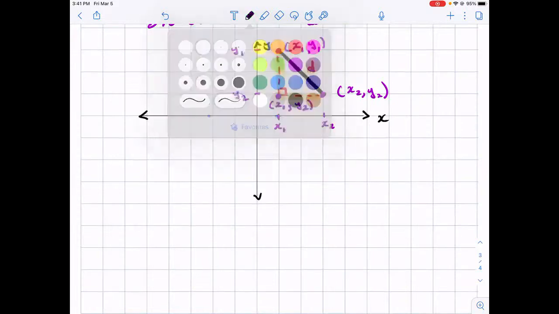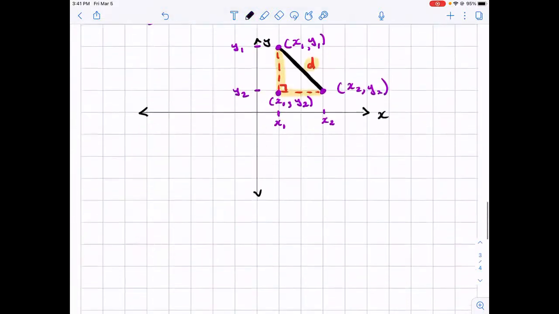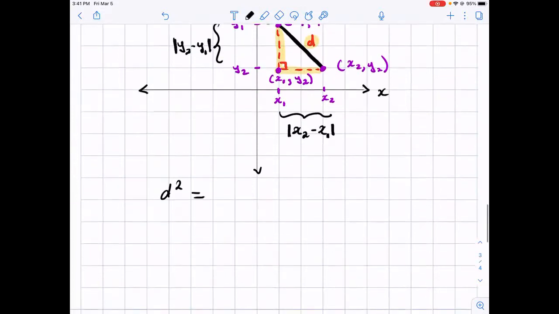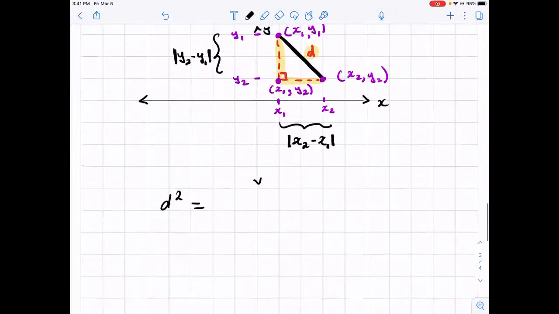So we can say that d squared is equal to, and since we're speaking of the distance, this distance here will be the absolute value of x2 minus x1, and this distance here will be the absolute value of y2 minus y1, because we're speaking of distance.